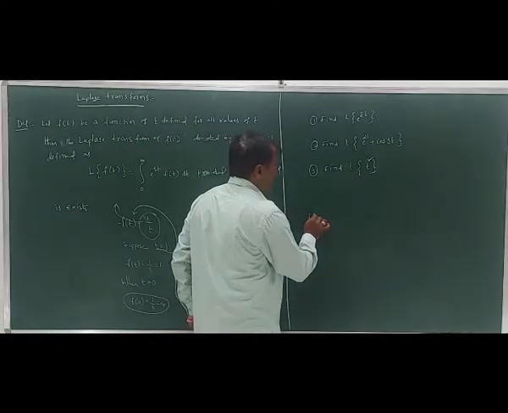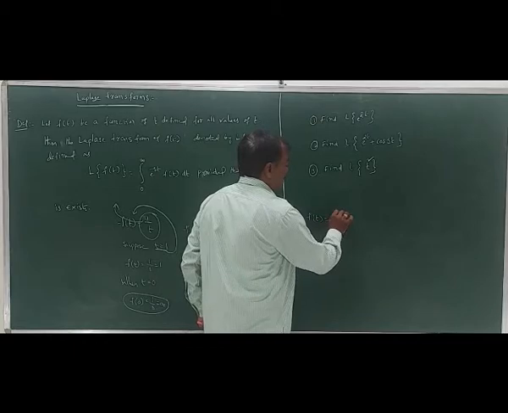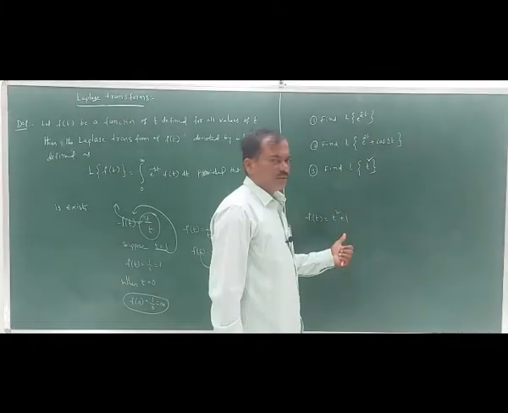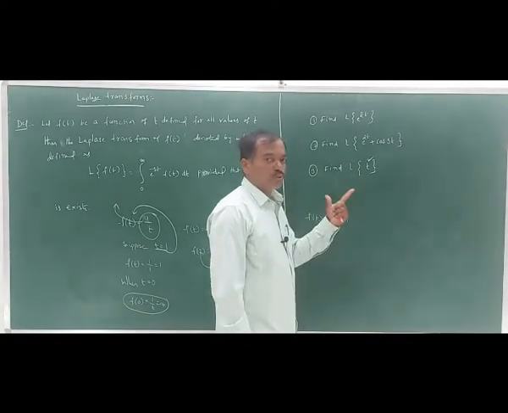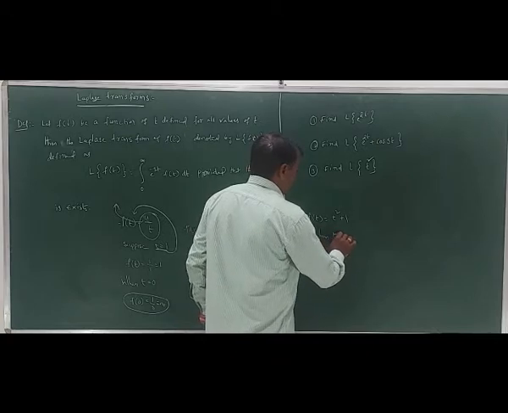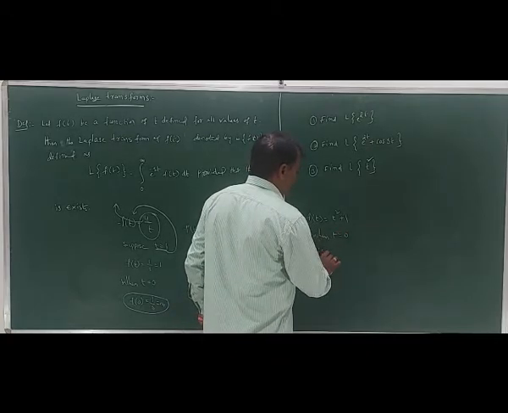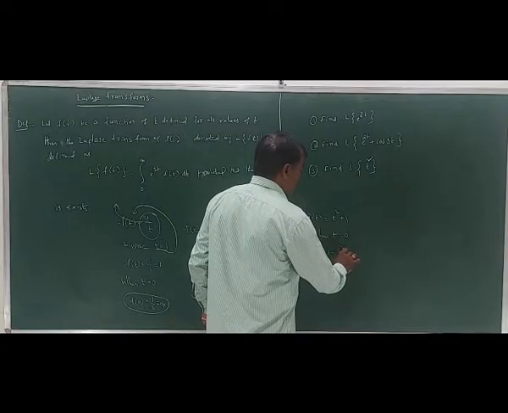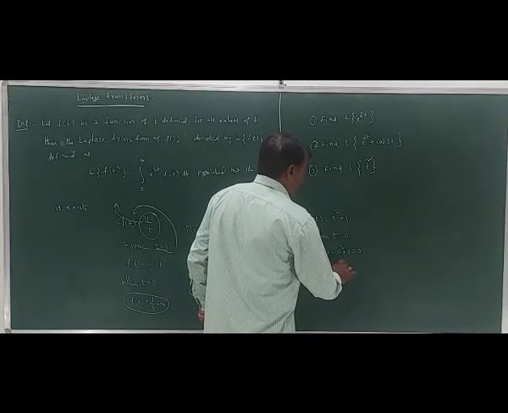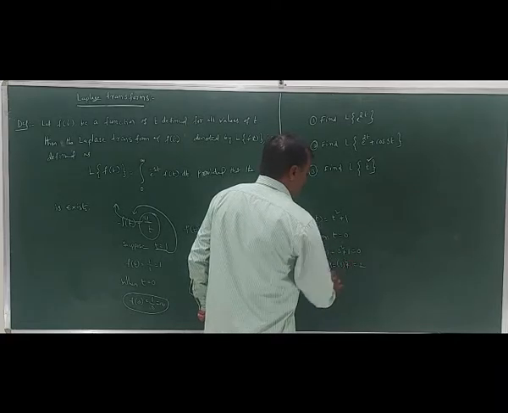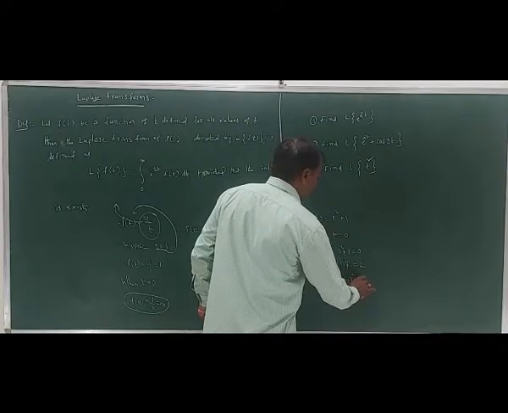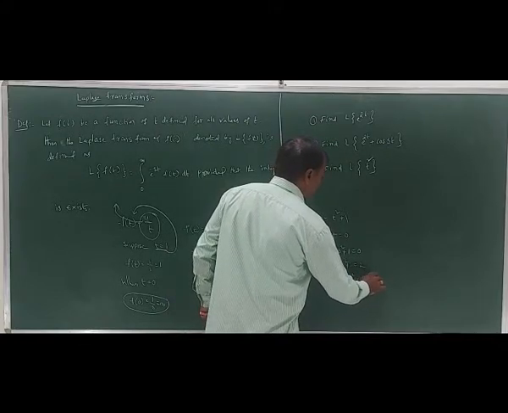Next example, f of t equal to t square plus 1, which is defined for every value of t from minus infinity to plus infinity. Like that, when t equal to 0, f of 0 equal to 0 square plus 1, which is 1. f of 1 equal to 1 square plus 1 equal to 2. f of minus 1 equal to minus 1 whole square plus 1, which is 1 plus 1, 2.